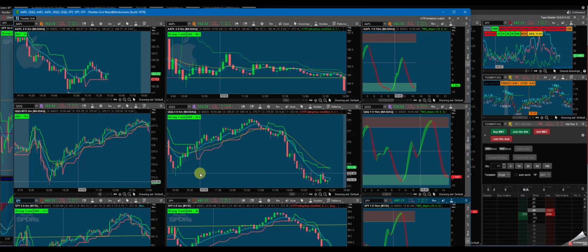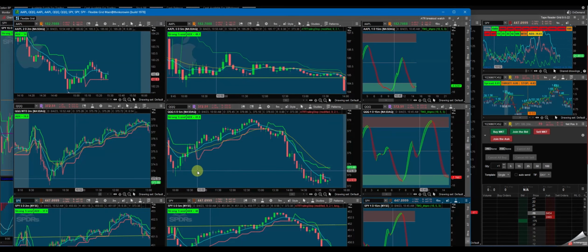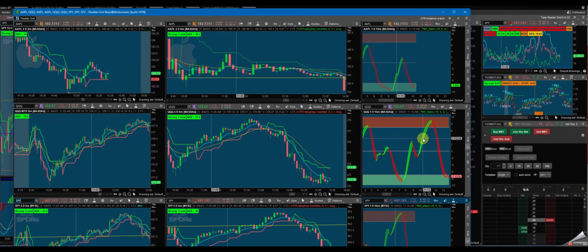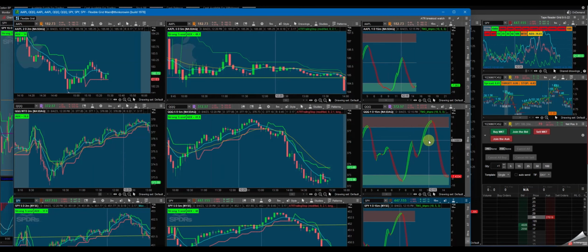Now, to push that conviction even further in our direction, I added the 15-minute, but I really only care about not so much price action. I care about a study like the True Momentum Oscillator, the TMO.